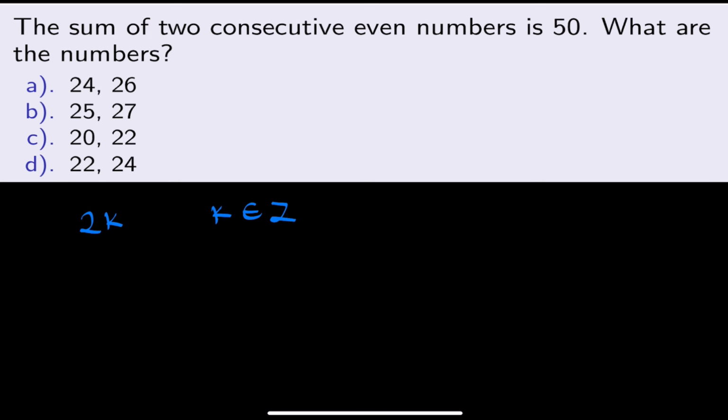And so here, if we assume that the first consecutive number is 2k, then the next consecutive number will be 2k plus 2. And we are saying that the sum of these two numbers is 50. So we are going to have 2k plus 2k plus 2 is equal to 50.